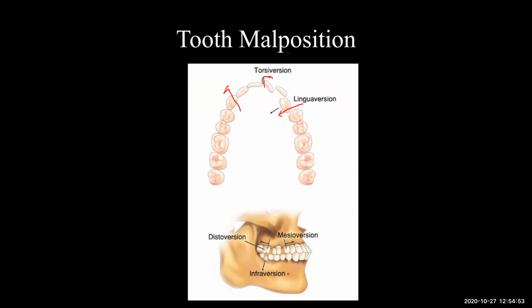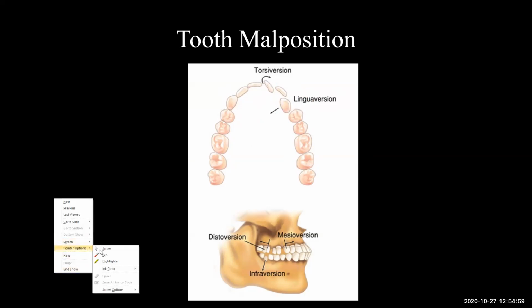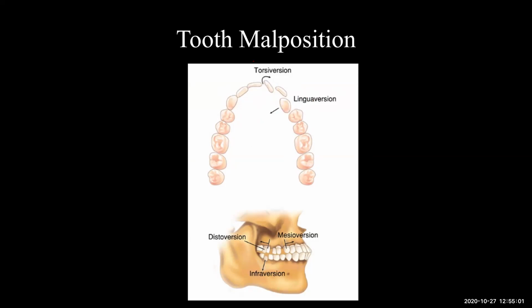What we always do for torsoversion is take a look at the mesial portion of the tooth and go with the mesial. So this is the mesial here. The mesial is facing the facial. So that would be a mesiofacial torsoversion versus this would be a lingual version.